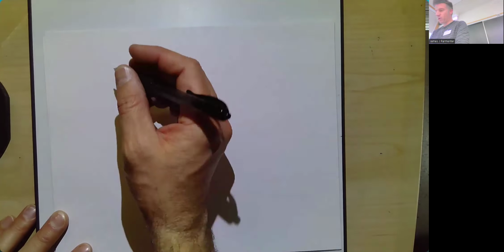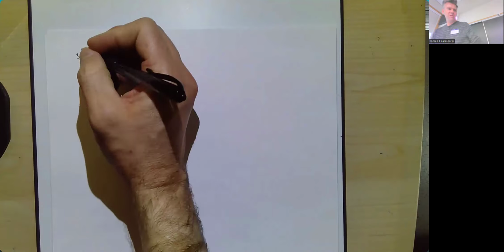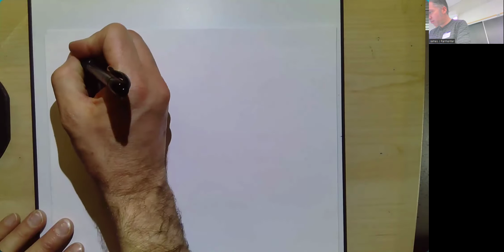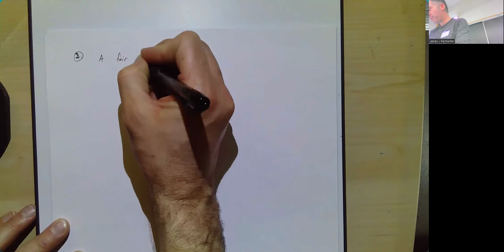So let's say we have a 3. Sorry, my numbering, I'm never good at the numbering. This is 2. I don't know why I'm writing a 3 here. Let's say we have a fair die. How many sides does a die have? Right. It's a 6-sided die unless someone says it's something else.